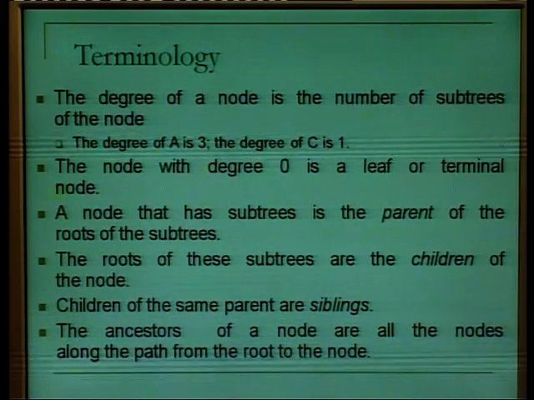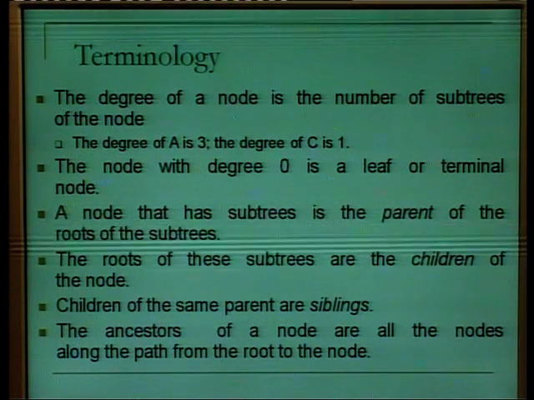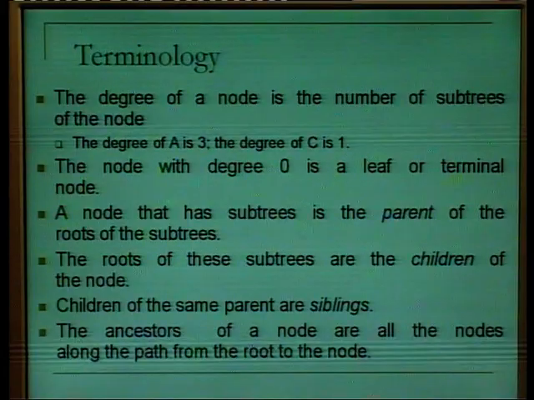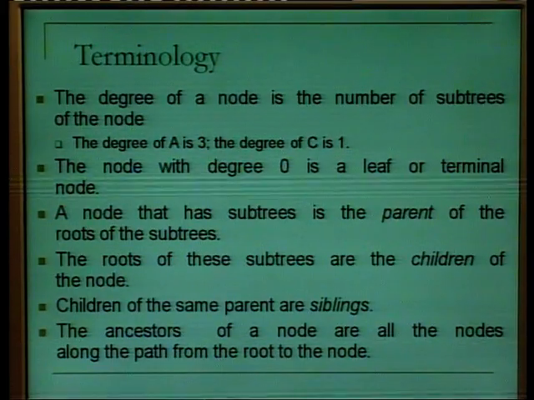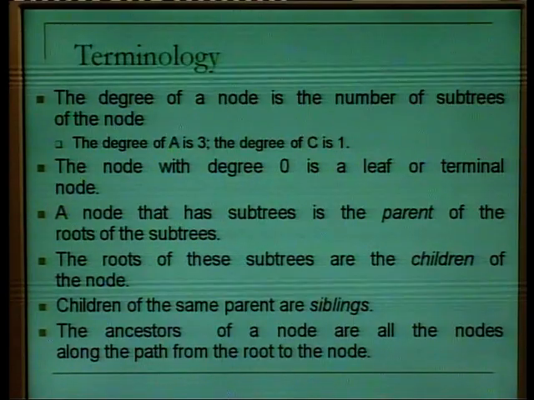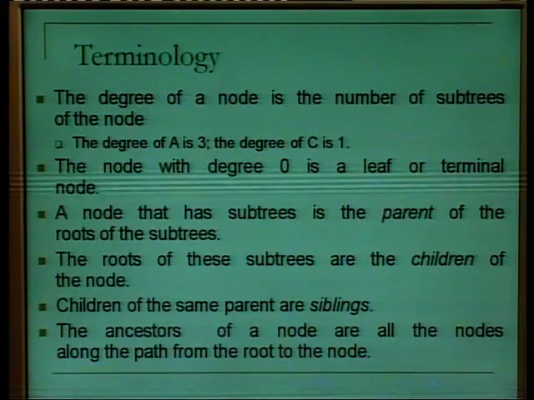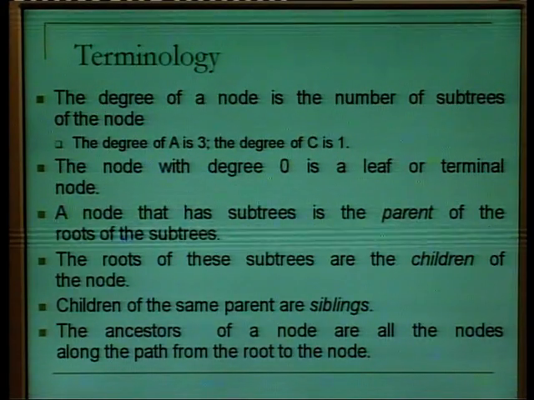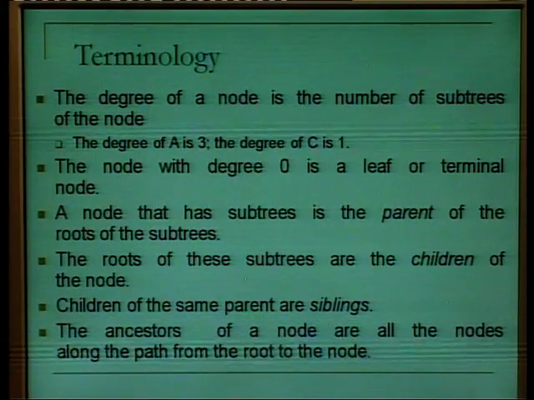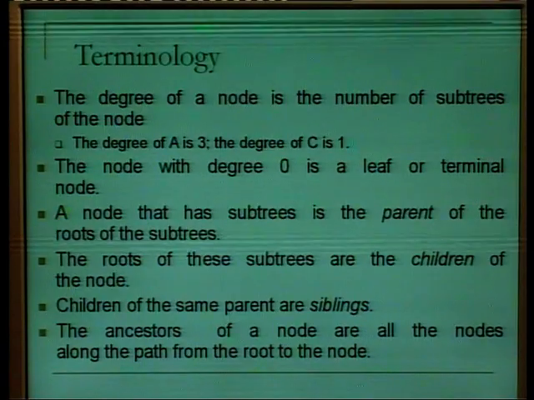Now the node with degree 0 is a leaf or terminal node, and it means the node having no child is a leaf node. A node that has subtree is the parent of the root of the subtree. We would say for any tree or subtree, the root node is known as parent of that tree. It may be a main tree or it may be a subtree. The roots of these subtrees are the children of the node.